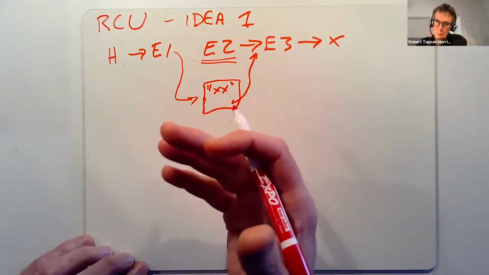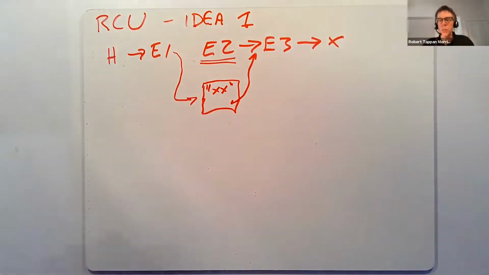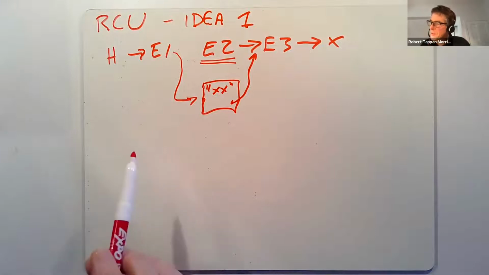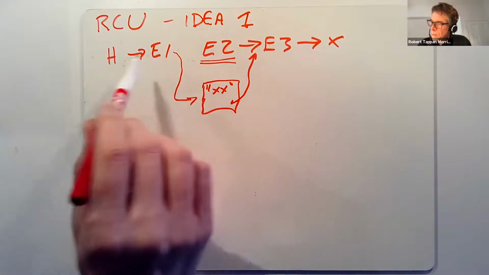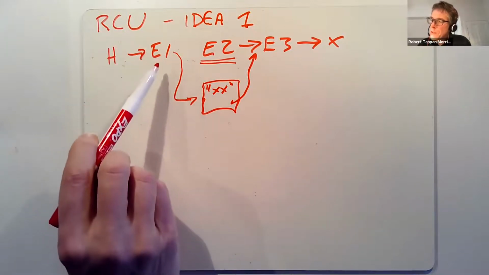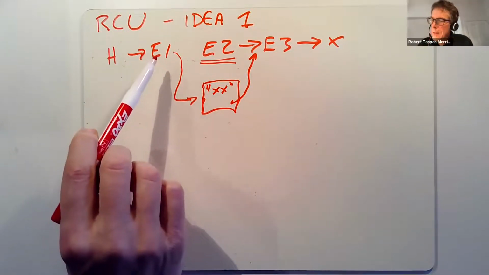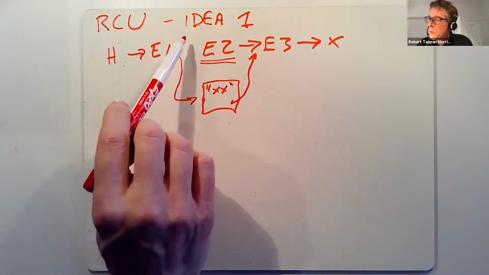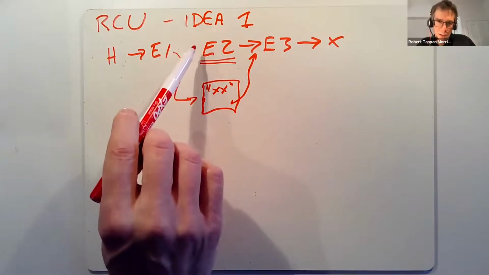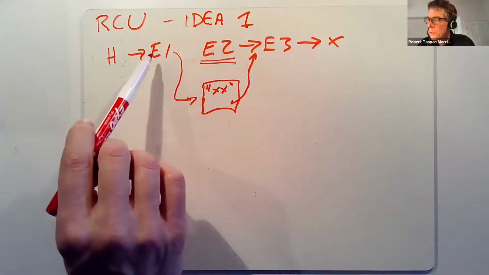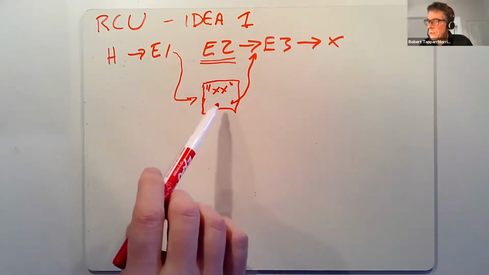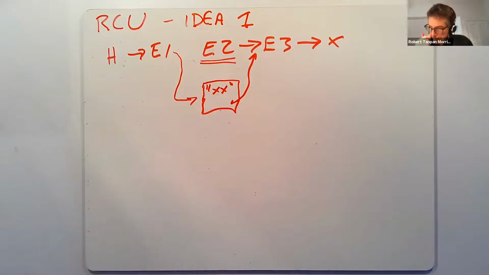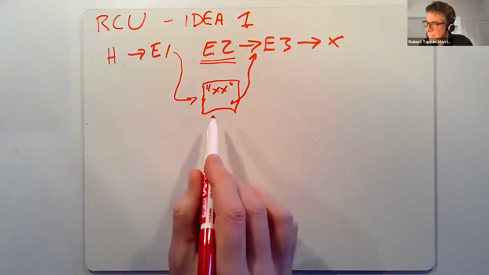So the game is, instead of updating things in place, we're going to replace them with new versions of the same data. So now if a reader's gotten as far as E1 and is just looking at E1's next pointer, the reader's going to either see the old next pointer, which points to E2, and that's fine because nobody was changing E2, or the reader's going to see the new next pointer and look at the new list element.